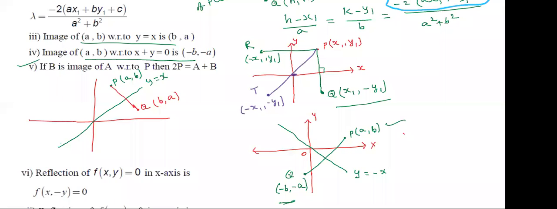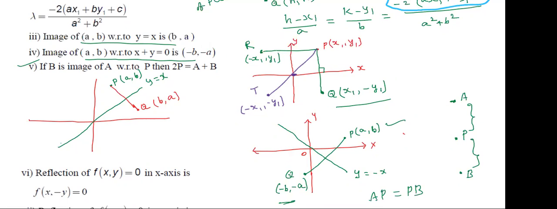Now the fifth point. B is the image of A with respect to P. This is point A. This is point B. B is the image of A with respect to P. That means the AP distance and the BP distance are the same. AP is equal to PB.